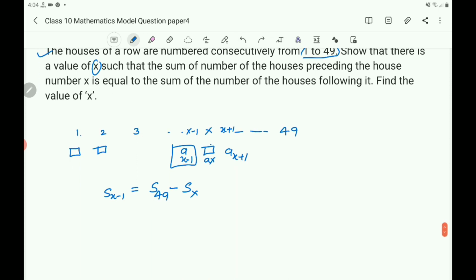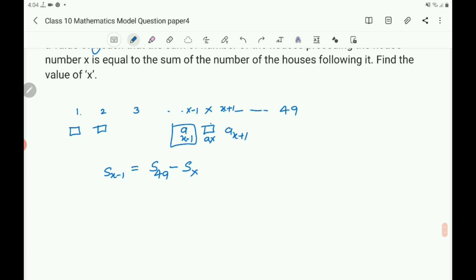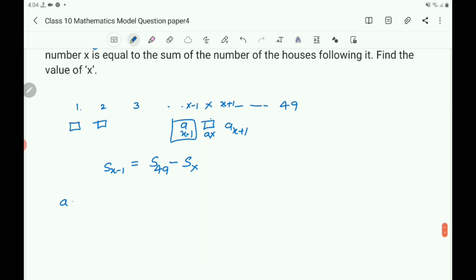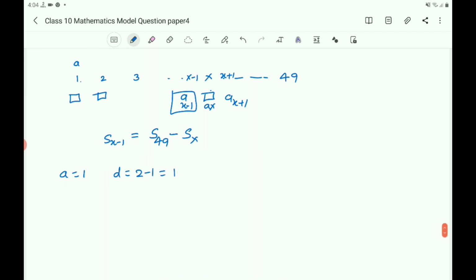Now here what is a? To find all this, a is required and d is required. So write a equals the first term, that is 1, and d is 2 minus 1, that is 1. And here let us find Sx minus 1.